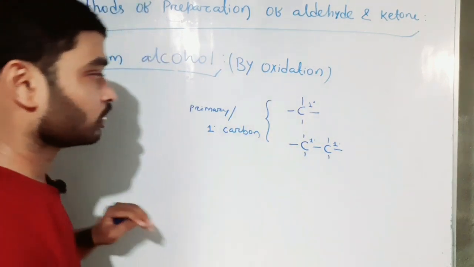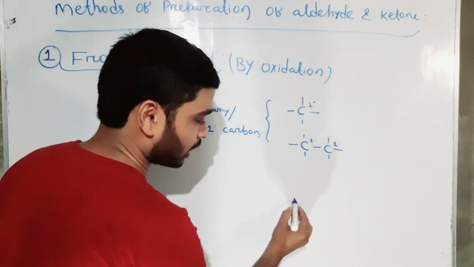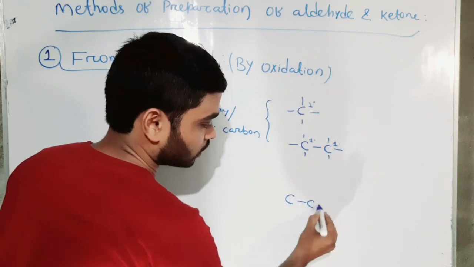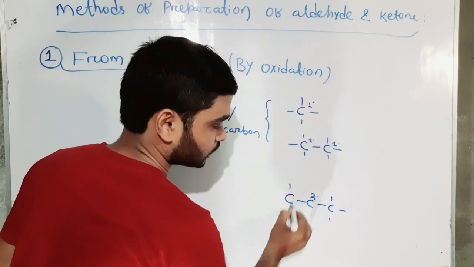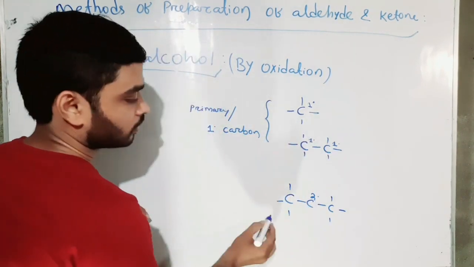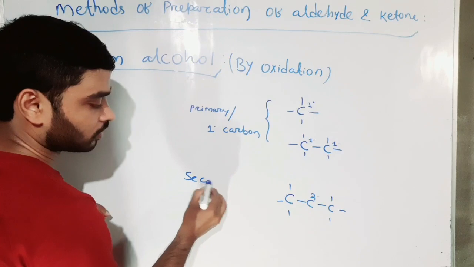So I am writing through example. It is a primary carbon. Now it is the second degree carbon or secondary carbon.